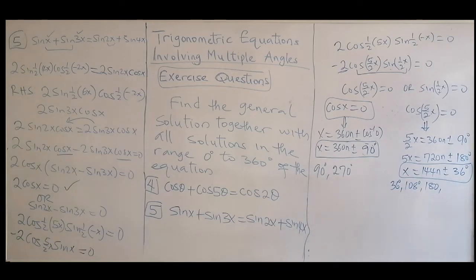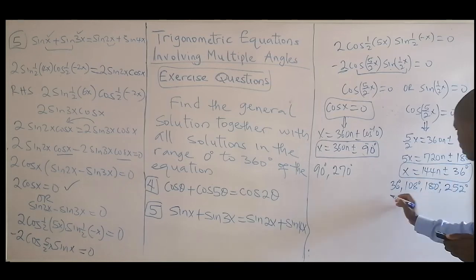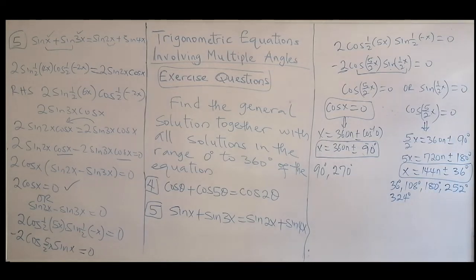When n equal to 2, 144 times 2 minus 36, that's 252 degrees. Out of the plus, 144 times 2 plus 36, that's 324 degrees. If n is 3, let's check that. What will be the value? It will be outside the range.